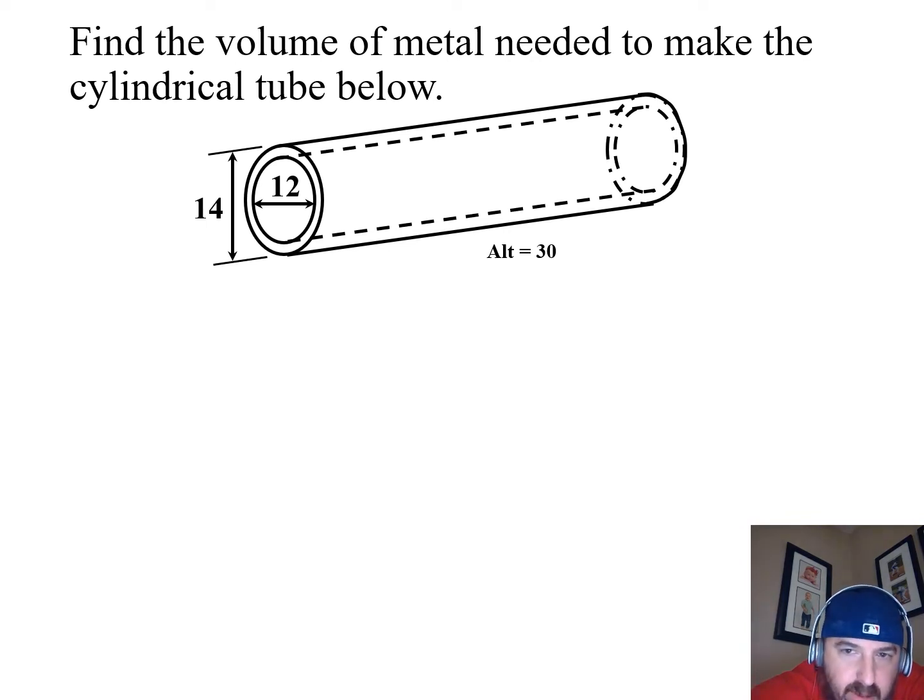The diameter of the outer part of the tube is 14 units. The inner diameter of the opening is 12 units. And the altitude, or the height, of the cylinder is 30 units.